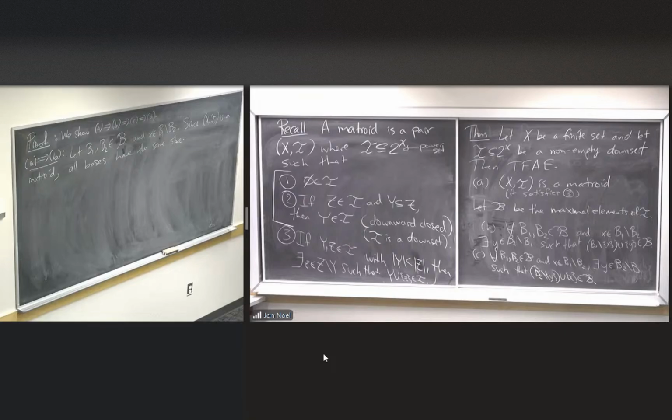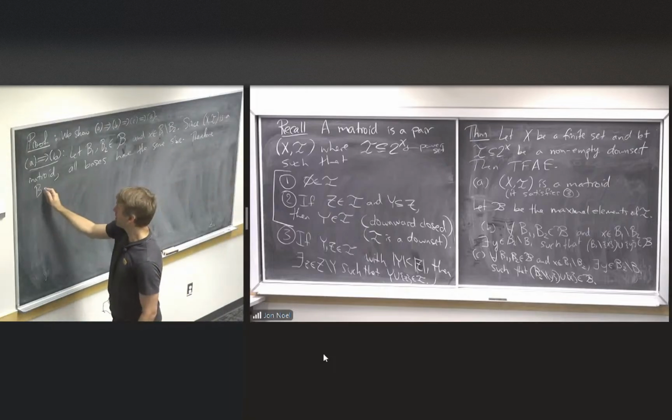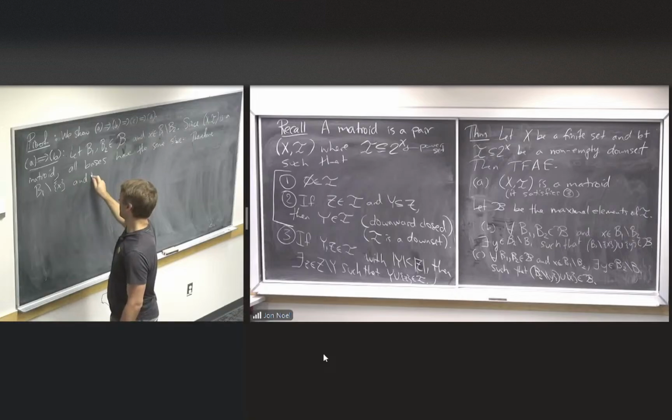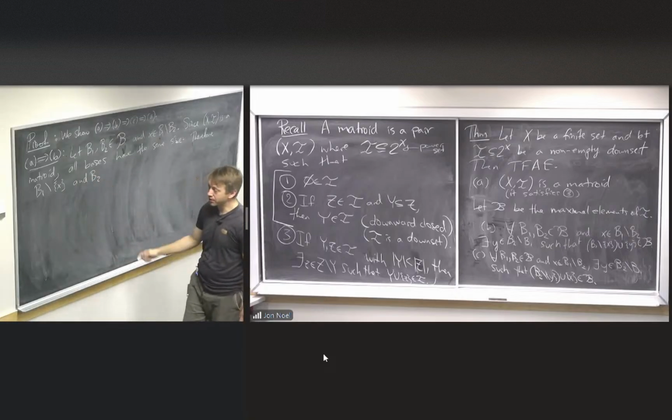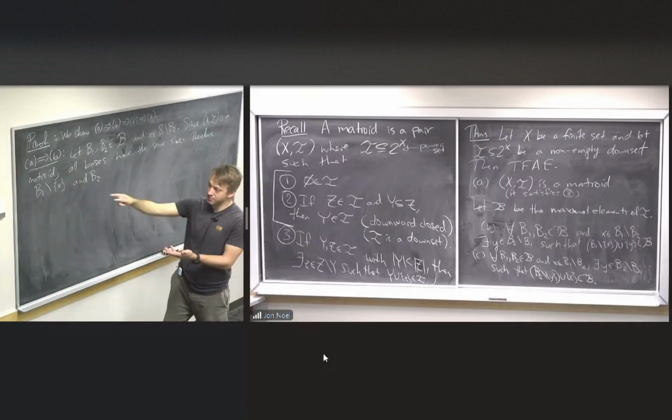I think it's also on your assignment. Okay, so if all bases have the same size, then if I take B1 and remove x, and I take B2, these are both independent sets, and the first one is smaller.